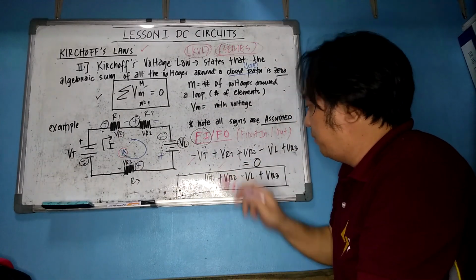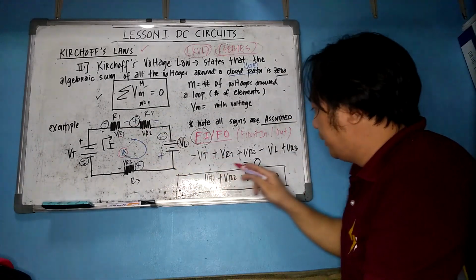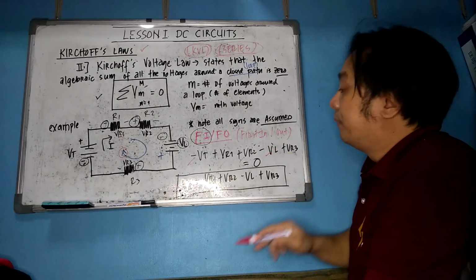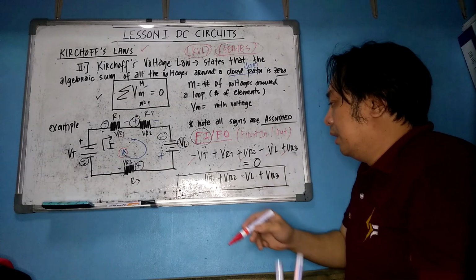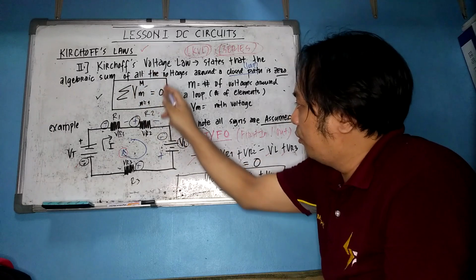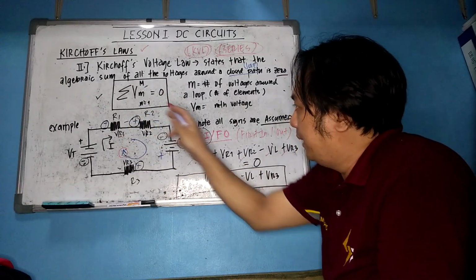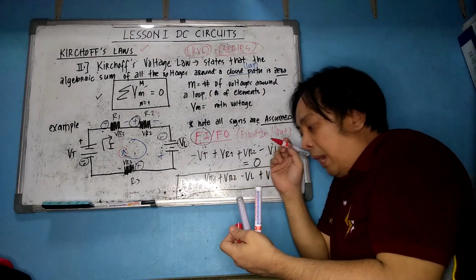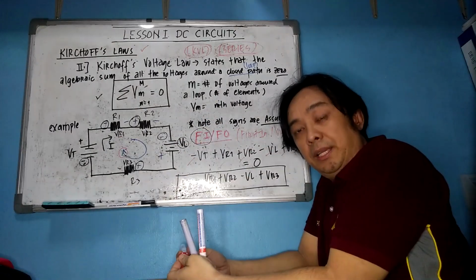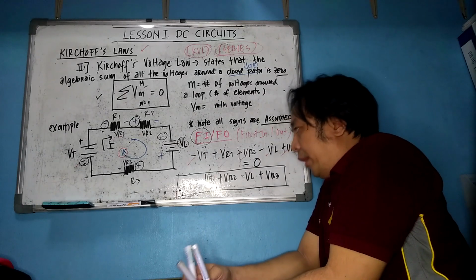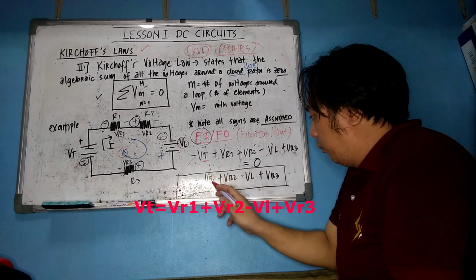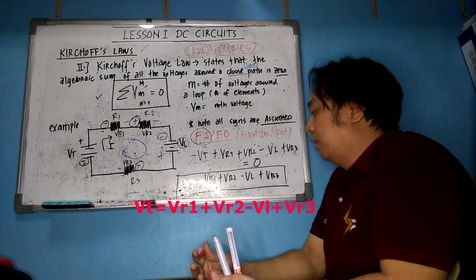So that is plus VR1. And then you have plus VR2 here, and then minus VL, and then plus VR3. So that is equal to 0. The summation of all the voltages around these 5 elements must be equal to 0, but must follow a conventional loop and polarity. So therefore, now we can say that total voltage is equal to VR1 plus VR2 minus VL plus VR3.